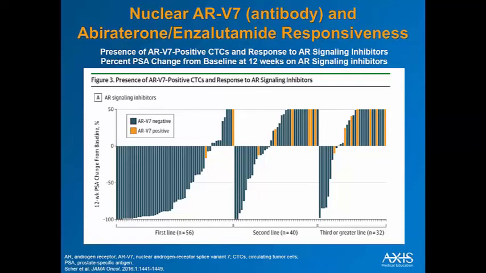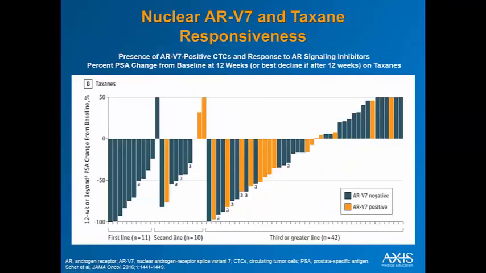And here you're using an antibody to bind to the V7 protein, and you can see that, first of all, there's very little AR-V7 positivity in patients receiving first-line therapy, but second-line therapy, you start to pick up more, and third line you pick up more. But if you're lacking the V7, you might be a responder. If you've got the V7, you're more likely to be resistant. And so this is a newer way to do it, and this is a trial assay in development.